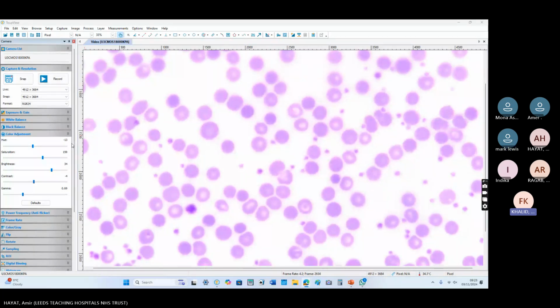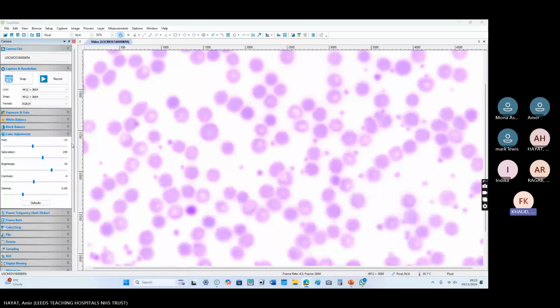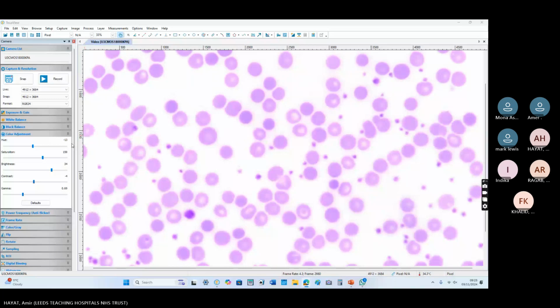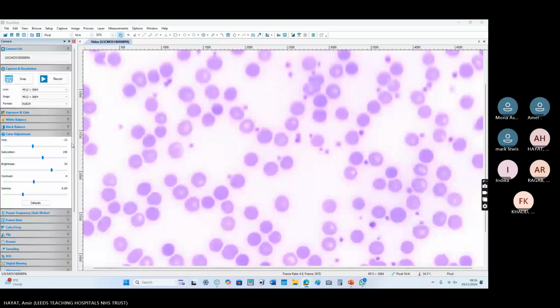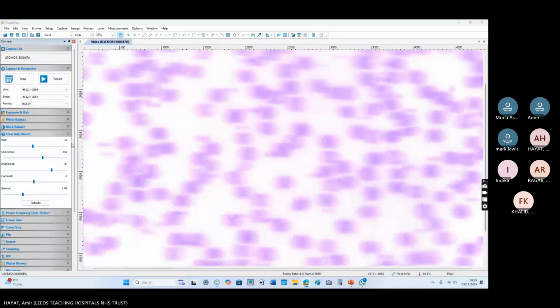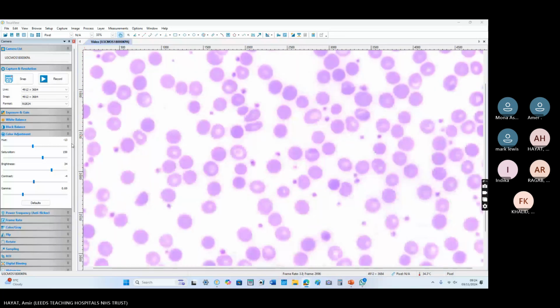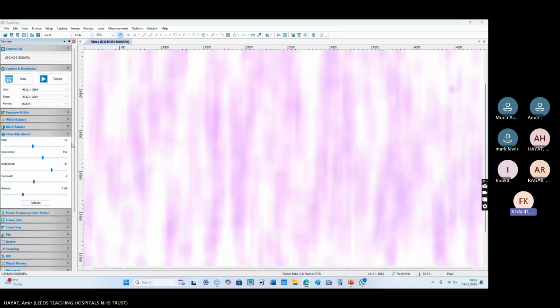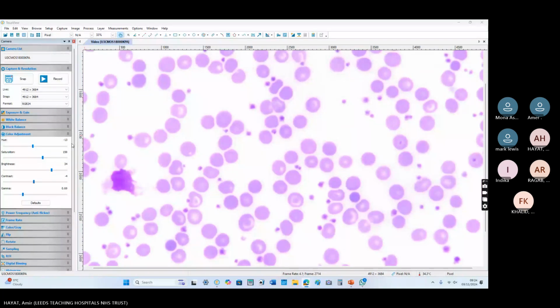There is thrombocytosis. There are some target cells. If you can scroll around a bit, there are target cells definitely.